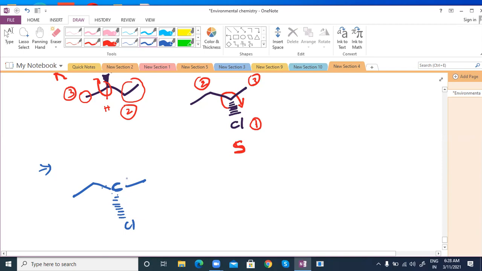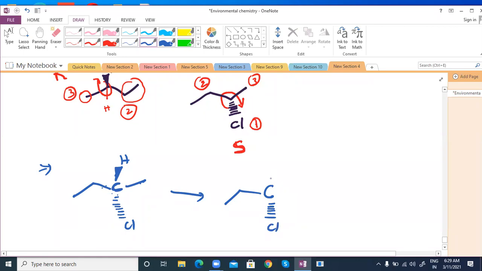One more should be a thick line, I am assuming hydrogen is the thick line. Otherwise you can keep the dotted line fixed. The least priority group should always be present on the dotted line, that is the first priority you have to do. So I am doing an exchange here, sir, methyl and hydrogen I am exchanging.